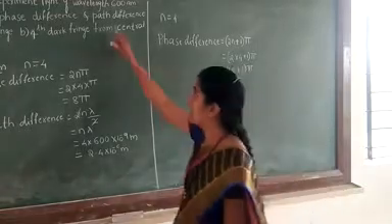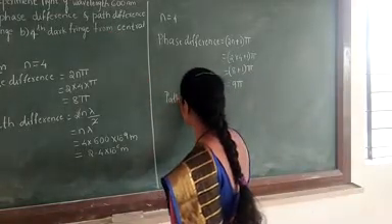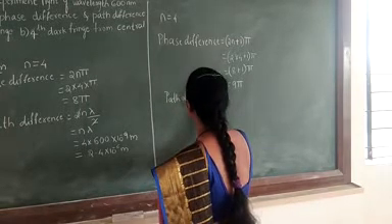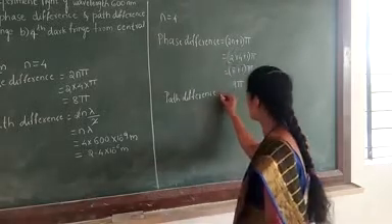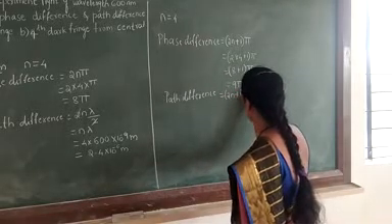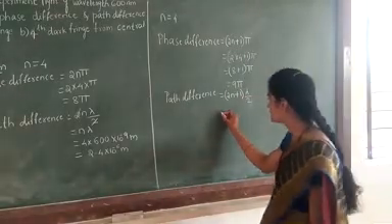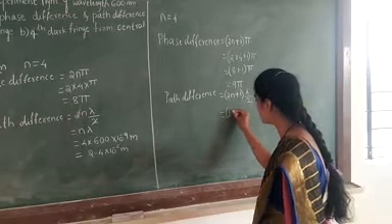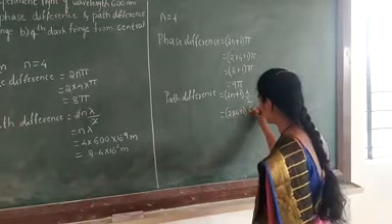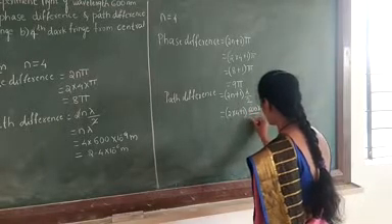In the same way, we find the path difference. The formula we consider for the path difference is (2n plus 1) into lambda by 2. Put the values: (2 into 4 plus 1), lambda is 600 into 10 raised to minus 9, divided by 2.